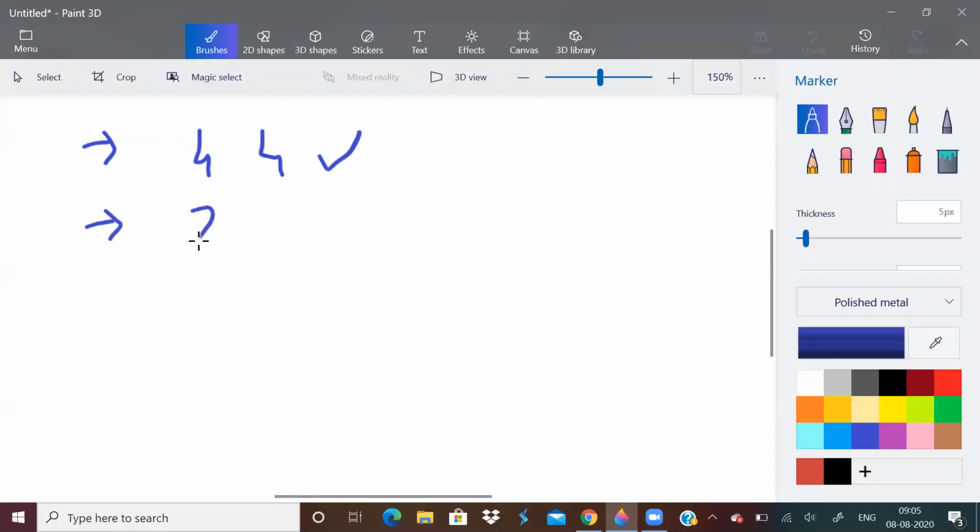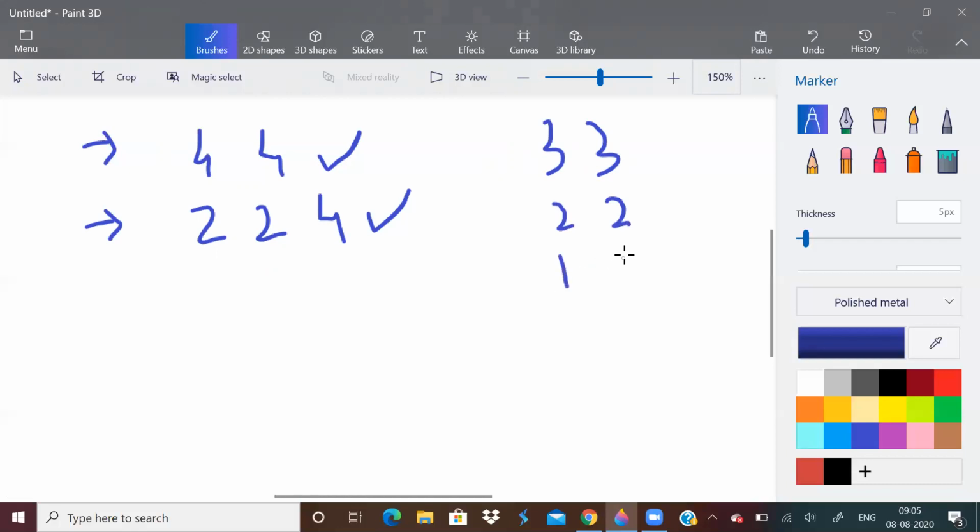Suppose there is an element with frequency 2, another element with frequency 2, and another element with frequency 4. Yes, we can form a rectangle and a square. How? Let's consider this case. Suppose there is an element 3, and there are two 3's. Suppose there is an element 2, and there are two 2's.